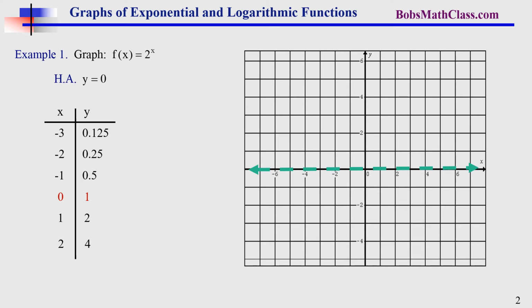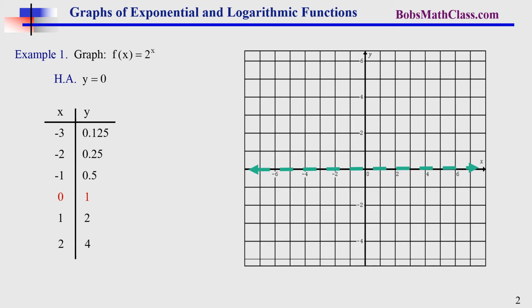So 0 would make it 0. So you want to pick 0, and then you want some points to the left and right of 0. On my table, you can see that I picked -1, -2, and -3, and then +1 and +2. At least a couple points on the left of 0 and a couple points on the right of 0. That should be good enough.